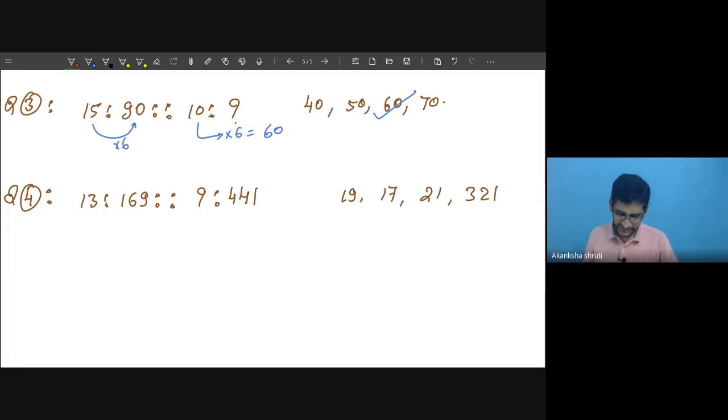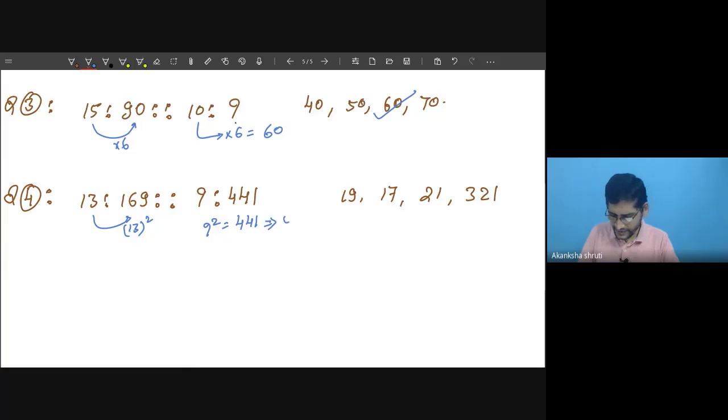Very good. Okay, so here we are getting that this is nothing but 13 square. So a square relation is there. It means what square should be 441.